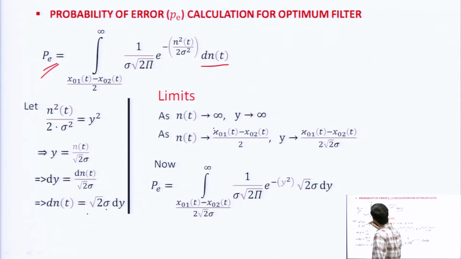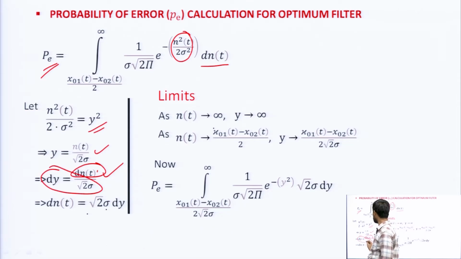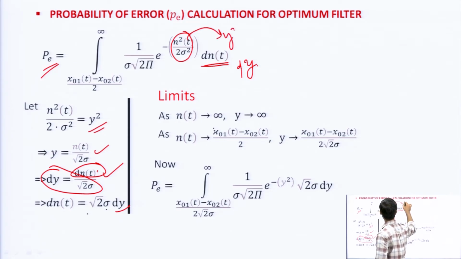Let n squared of t divided by 2 sigma squared equal y squared. Then y equals n(t) divided by root 2 sigma, and dy equals dn(t) divided by root 2 sigma, so dn(t) equals root 2 sigma dy. Now I have dn(t) in terms of dy, and I have changed the exponent to y squared.